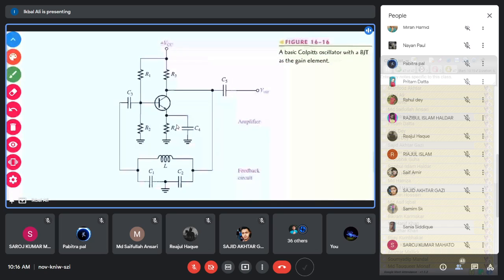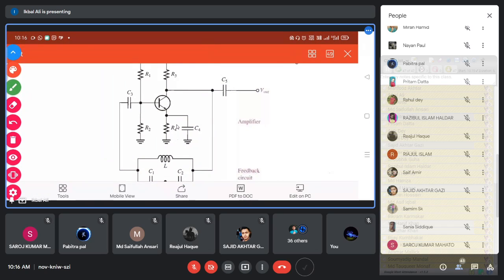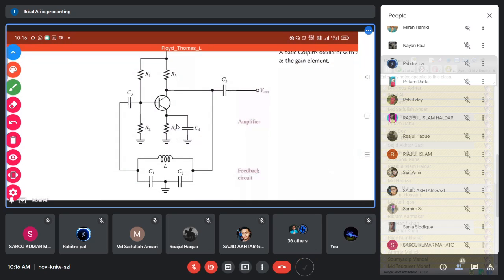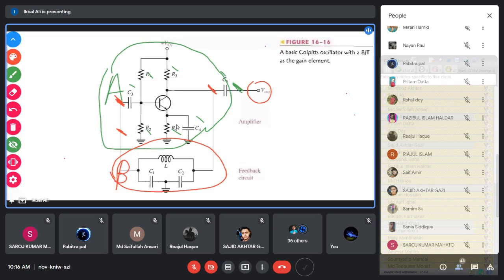So that is your beta network. I have just discussed that the input of the beta network is the output of that amplifier, and the output of the beta network, which is the feedback voltage, is connected to the input of the signal.